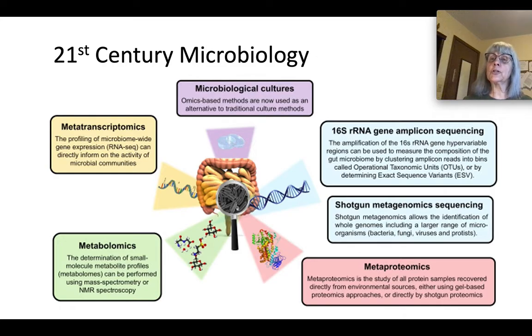And by determining the products of these microorganisms, they can kind of work backwards in identifying the microbe. And then finally, you can profile a microbiome by seeing what type of messenger RNA it has.